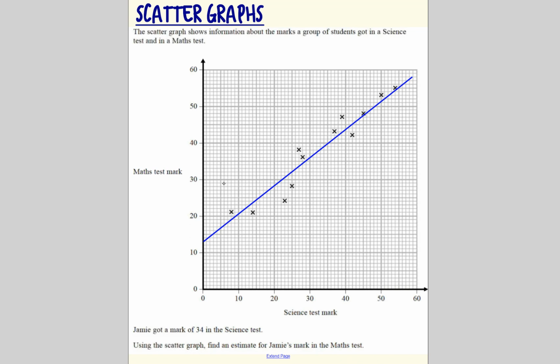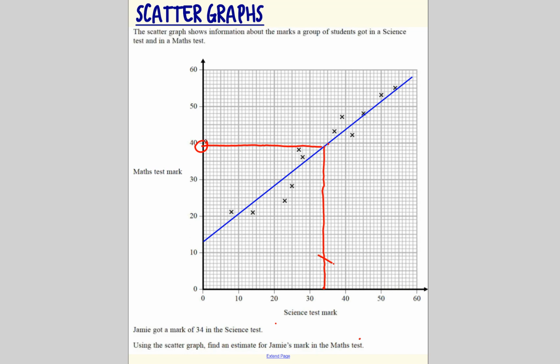If we go along the science axis, which is along the bottom, and find 34, which is there, and then draw a straight line, I'm going to do this freehand now, so it probably won't be very good. A straight line, it's not there, it's there, up to the line of best fit. And then we can draw a straight line from there back across to the other axis.